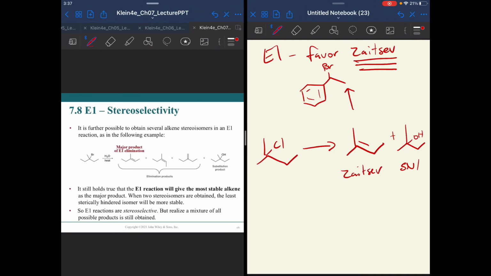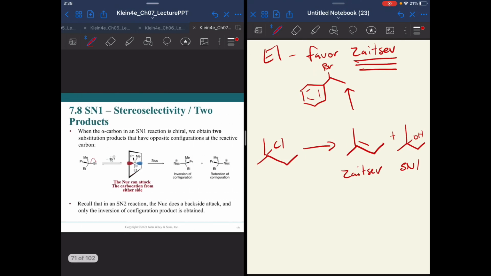You can get trans versus cis, you can get Zaitsev versus Hoffman, but the major product's going to be the most stable. So trans is more stable than cis, Zaitsev is more stable than Hoffman, so this is the product I would expect you to predict for E1, and then also a mixture with the SN1.